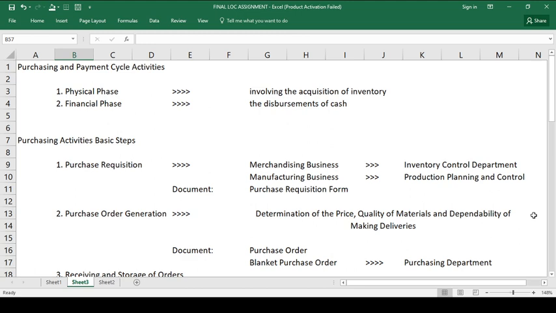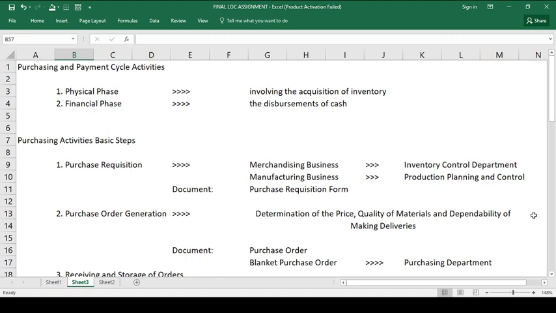Pero itong mga purchasing activities na basic steps that I will provide you, this is the most common whether complicated na mga business organizations or business models or yung mga simple na mga business models.